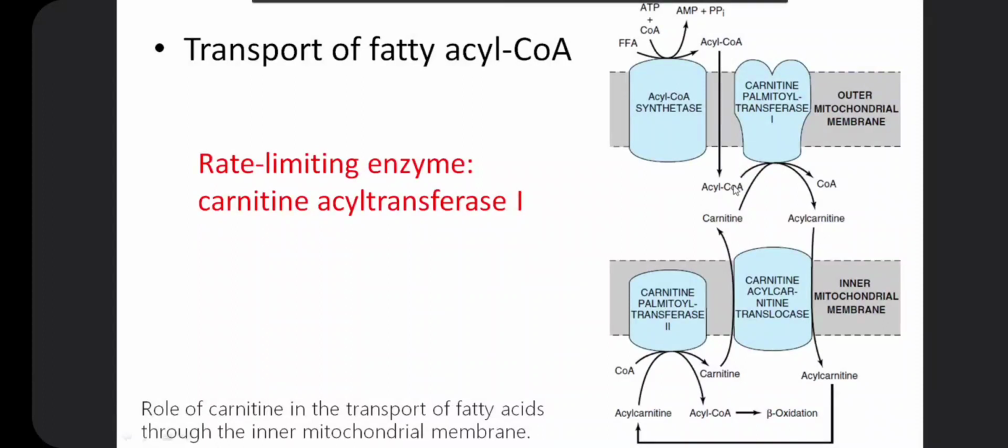So how do we solve this problem? Here there exists a special transport mechanism on the mitochondrial membrane, and we call it the carnitine transporter.